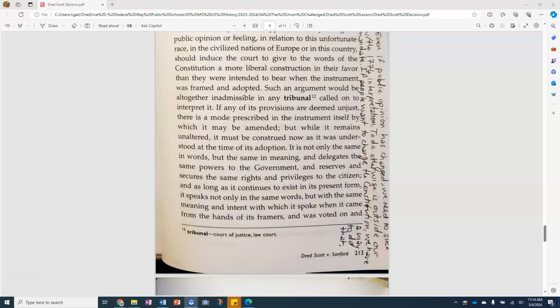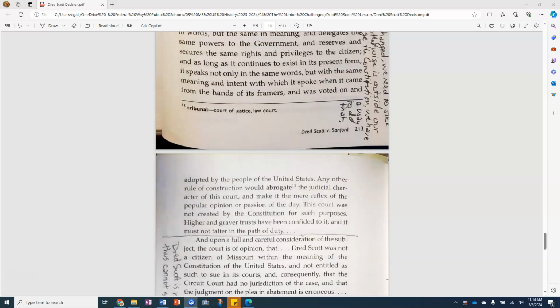Because any other rule of construction, any other way of understanding it, would abrogate, which is really just a fancy way of saying it would abolish or get rid of, the judicial character of this court and make it the mere reflex of the popular opinion or passions of the day.